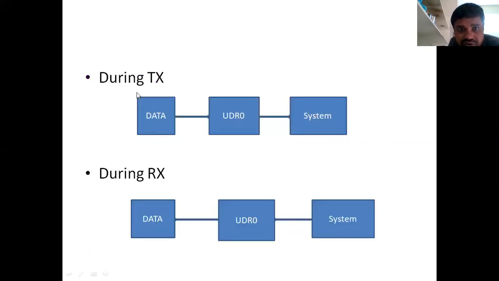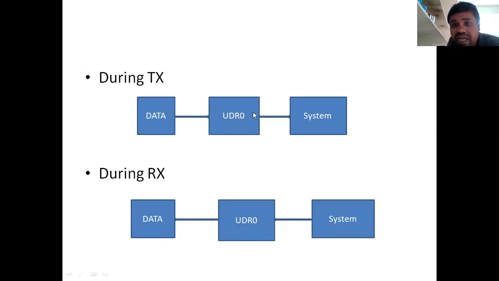Once again we are going back to the previous slide. Suppose I am sending the character A from the microcontroller to the system. The character A is 8 bits, in ASCII format, and those 8 bits of data are available in the UDR.